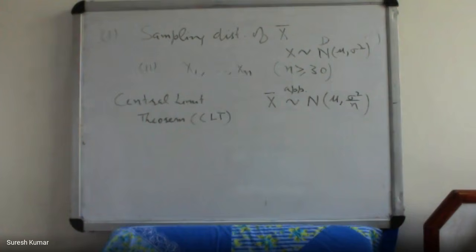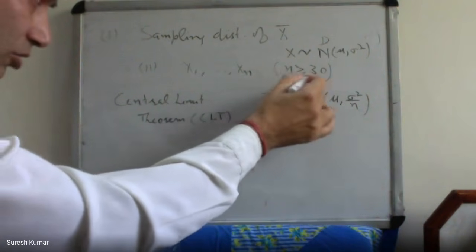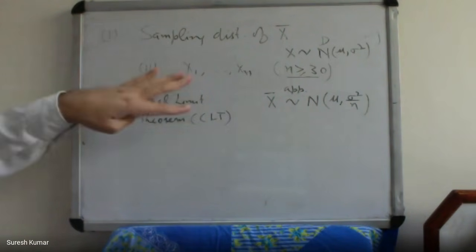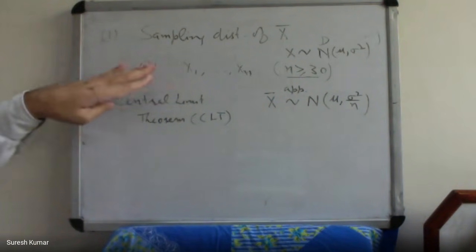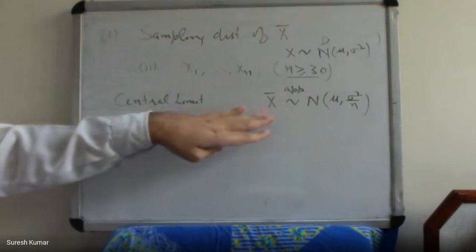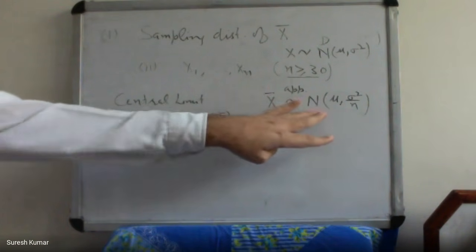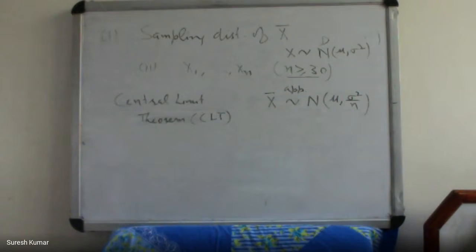But remember that for applying the central limit theorem, the sample size should be 30 or greater. So even if the sample is taken from a non-normal population, the sampling distribution of x bar is approximately normal with mean mu and variance sigma square over n.